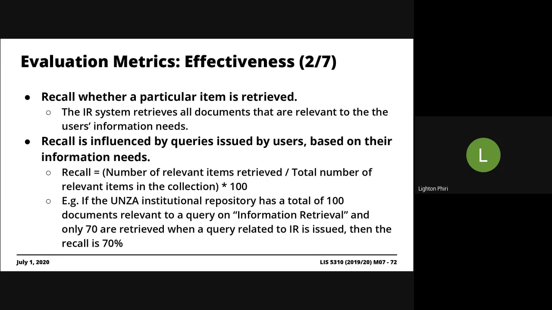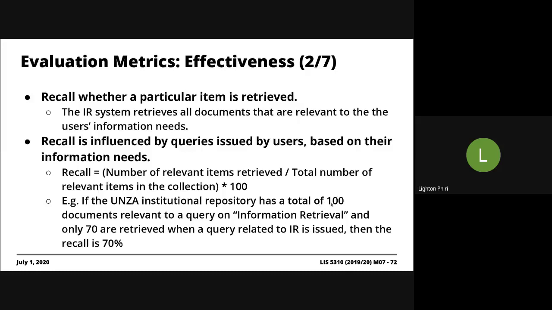As an example here, using the institution repository, assuming you have a total of 100 documents that are relevant to the query information retrieval, but only 70 are returned.